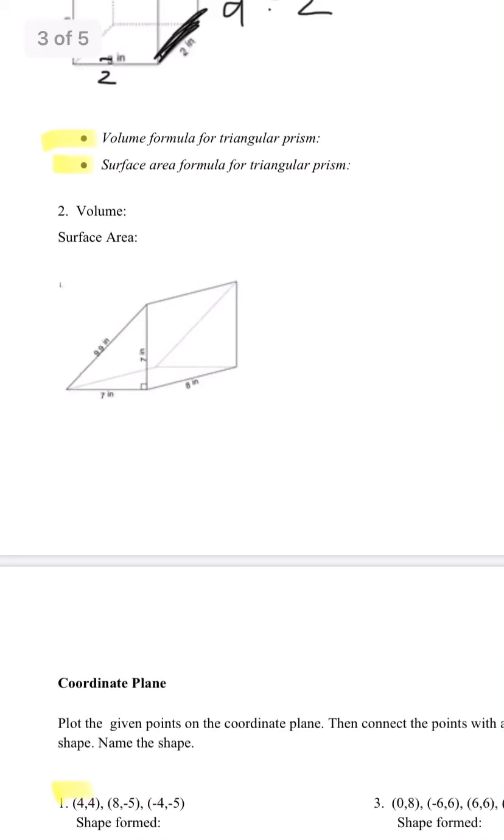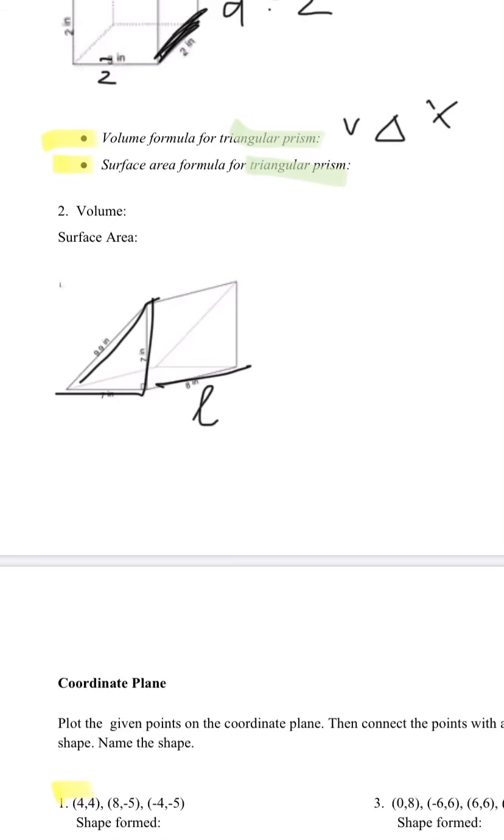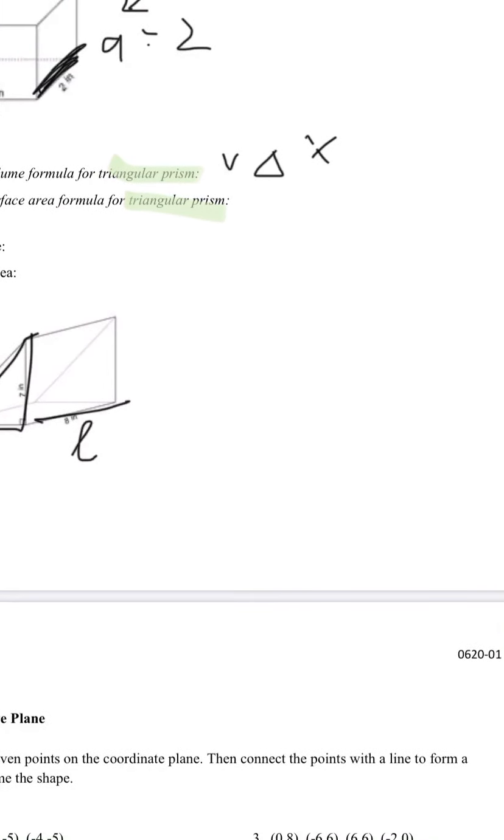And let's look at the volume formula and surface area formula for a triangular prism, okay? The volume for the triangular prism is just the volume of the triangle times the length, okay? So the volume of the triangle times the length, okay?